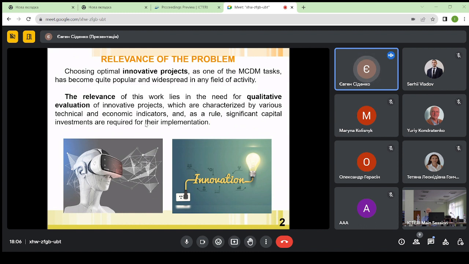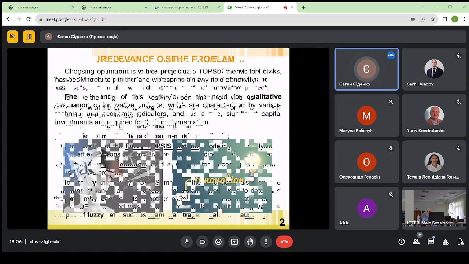The relevance of this work lies in the need for qualitative evaluation of innovative projects, which are characterized by various technical and economic indicators, and as a rule, significant capital investments are required for their implementation.